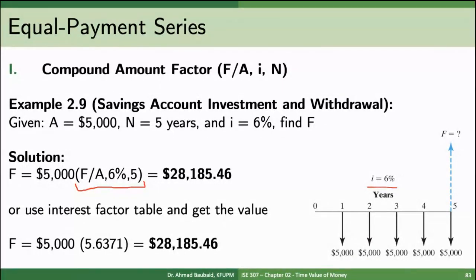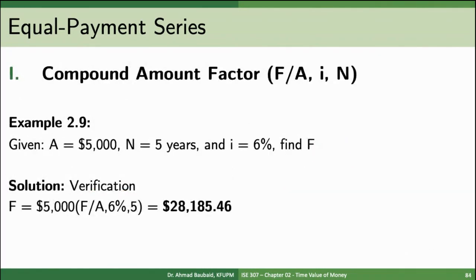And if you compute it, again, using the table or just using the formula, for the factor, you're going to get this amount, right? This is just the 1 plus i to the n minus 1 over i. That's what the 5.6 is. And then you just multiply and you get the final answer of $28,185.46. Okay, so this is very straightforward.